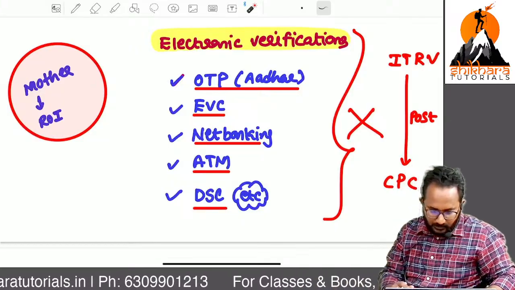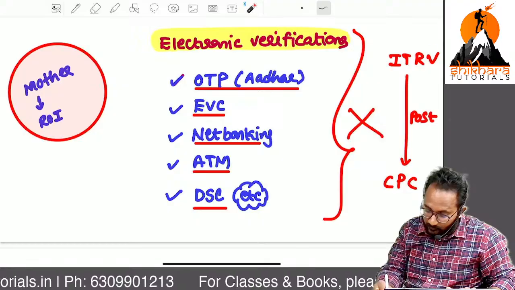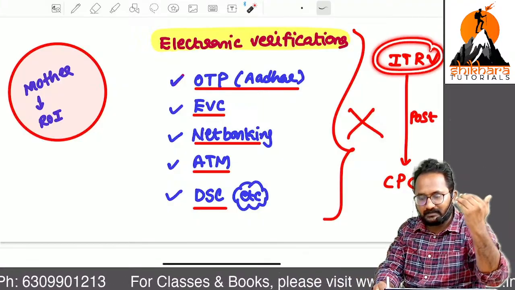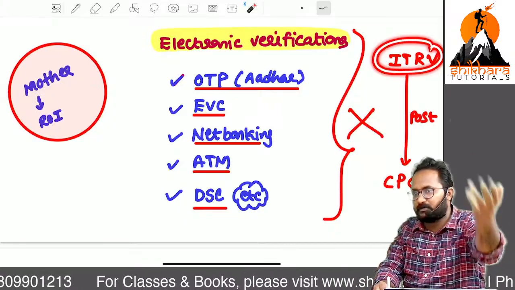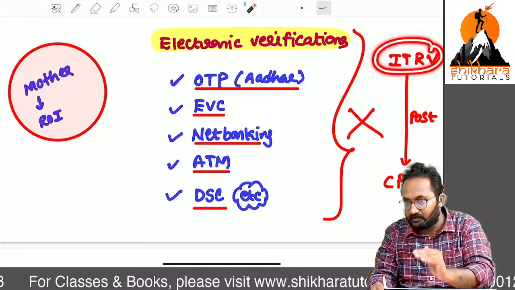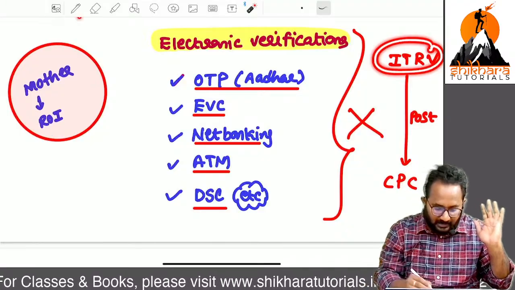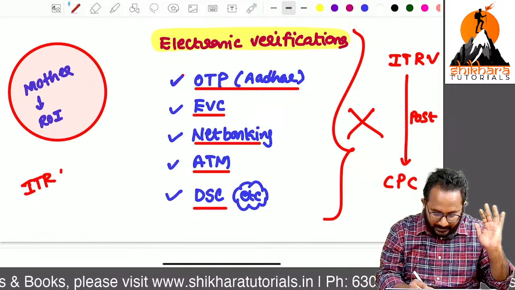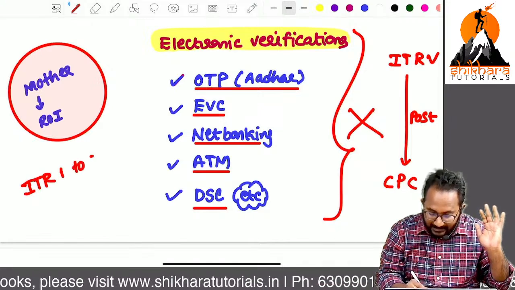So now, what is that, ma? ITRV is an income declaration form or an electronic verification substitution form? Electronic verification substitution form. Generally we can declare our return of income from ITR 1 to ITR 7.